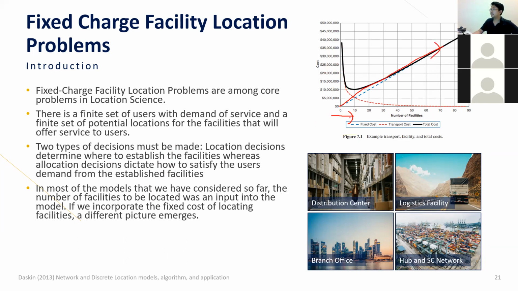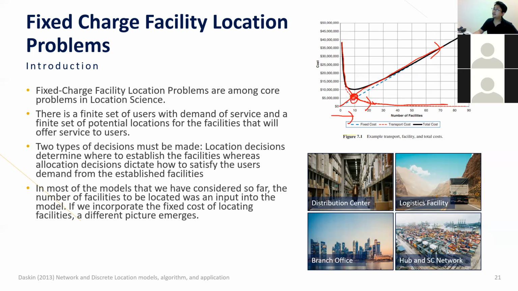But the more facilities you use, it may reduce the total traveling cost until at some point the decrease of transportation cost is not significant, so that adding more facilities leads to a higher total cost.